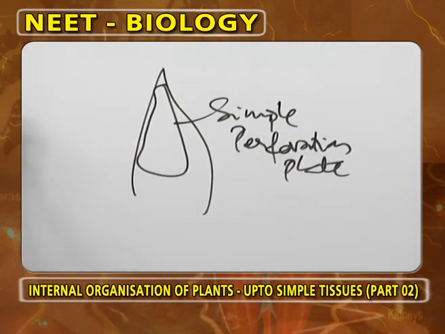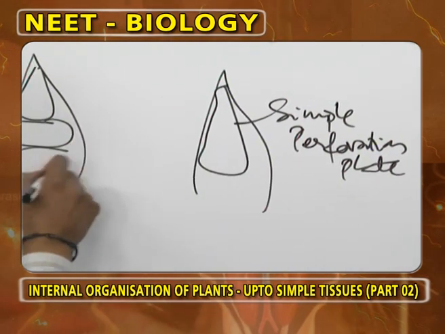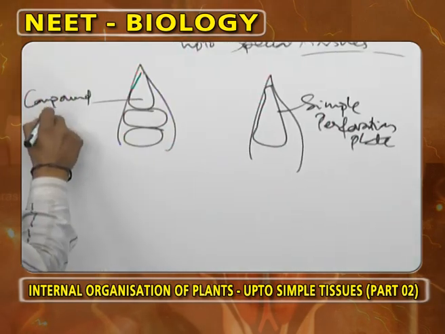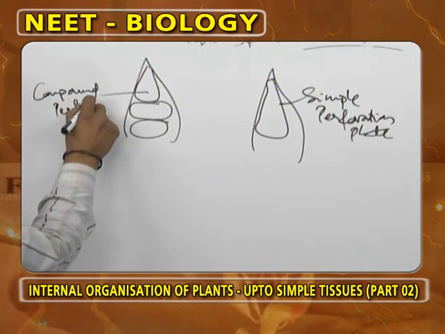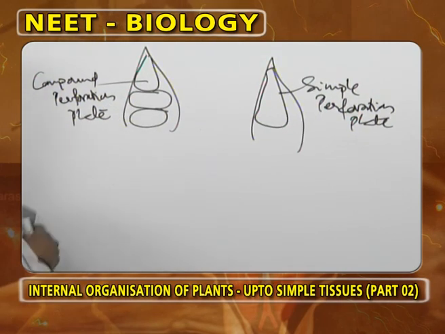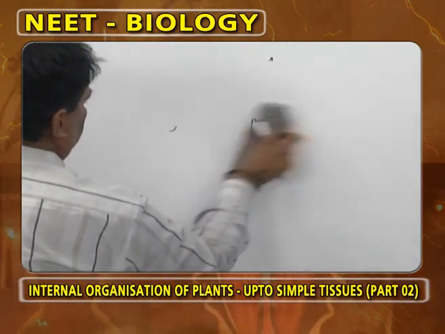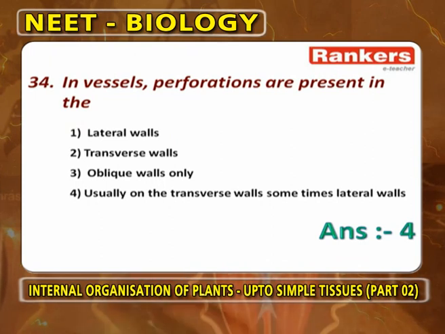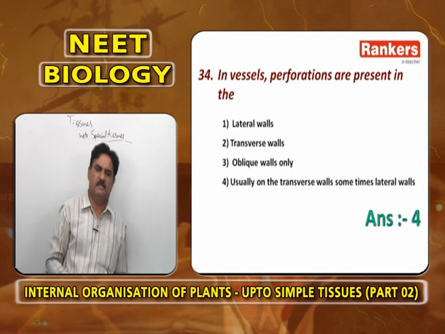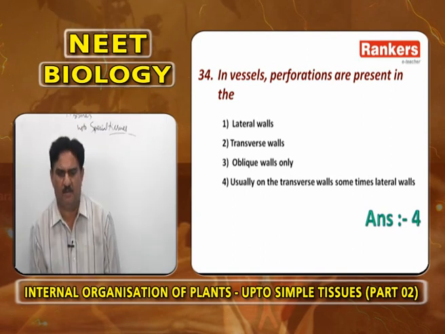Suppose near the end walls many perforation plates are there, that is called compound perforation plates. So, simple and compound perforation plates are found in xylem vessels. They are present usually on the transverse walls, but rarely on the lateral walls.